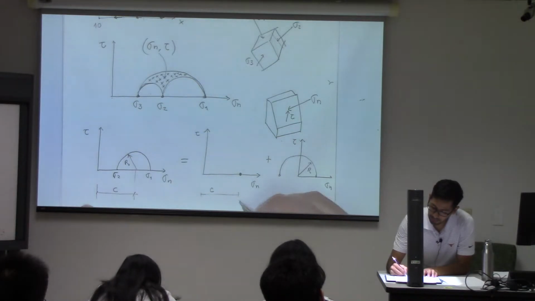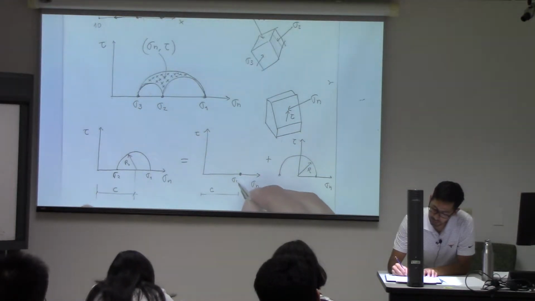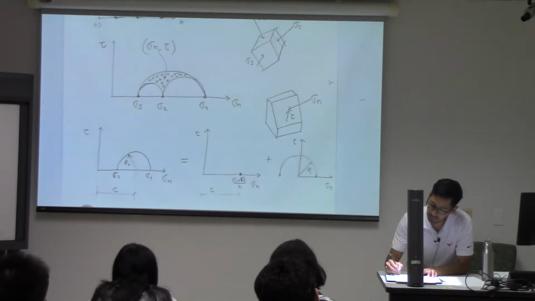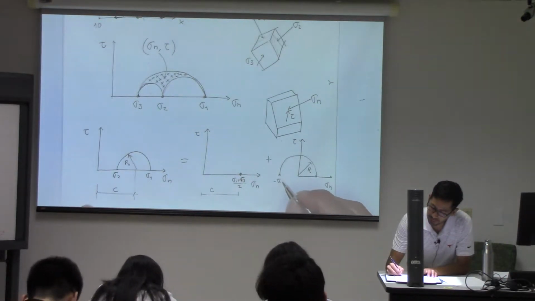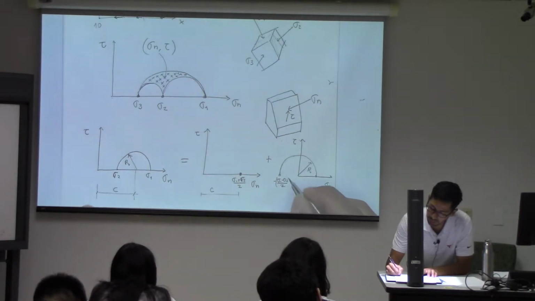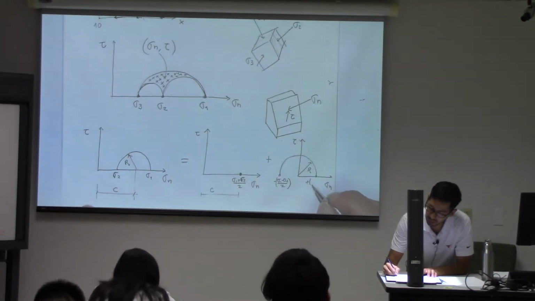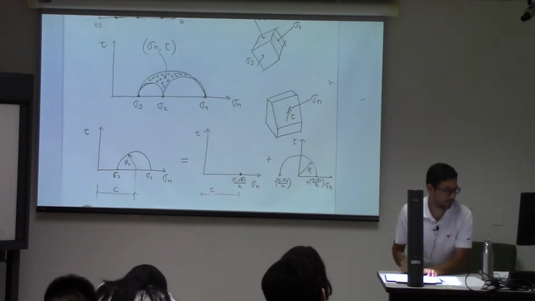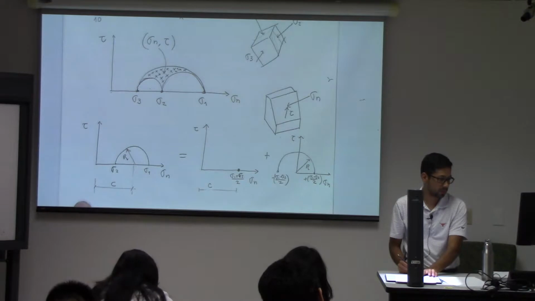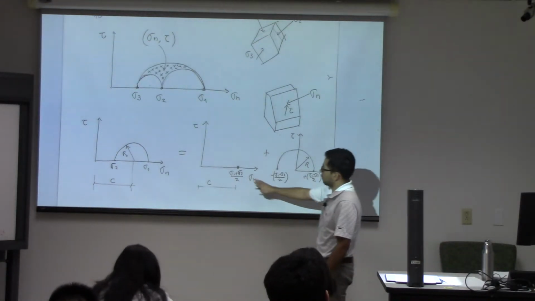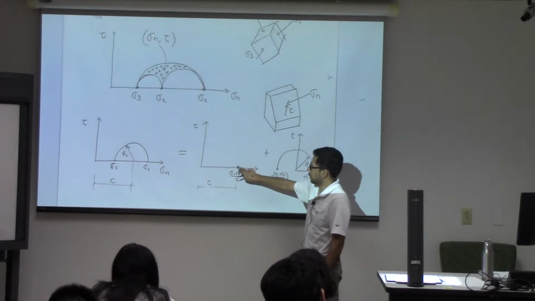Where this value over here is sigma 1 plus sigma 2 divided by 2. And this value over here is minus sigma 1 minus sigma 2 divided by 2. And this one is plus sigma 1 minus sigma 2 divided by 2. So I can decompose it.